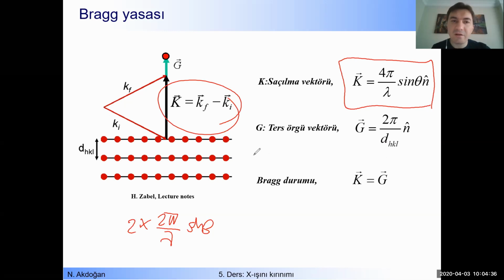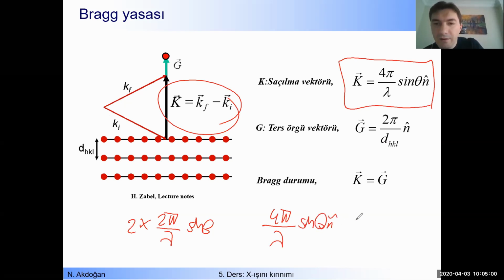So for the diffraction condition, the scattering vector must be equal to the reciprocal lattice vector. If you put them here, instead of the scattering vector, let me write 4 pi over lambda sine theta and the unit vector. And then for the reciprocal lattice vector, 2 pi over the HKL unit vector.